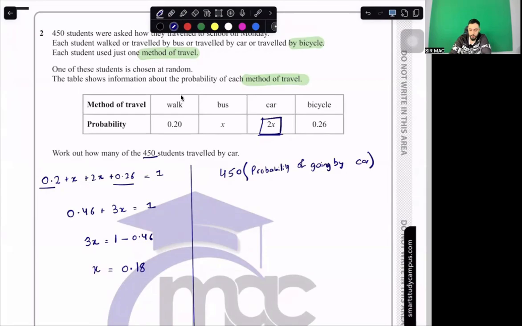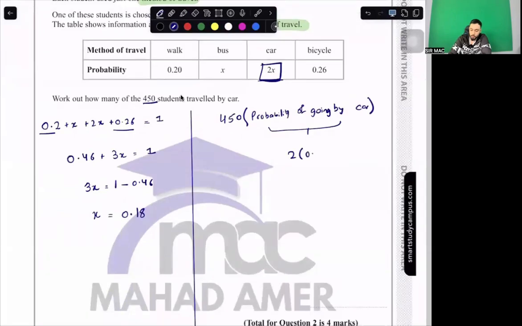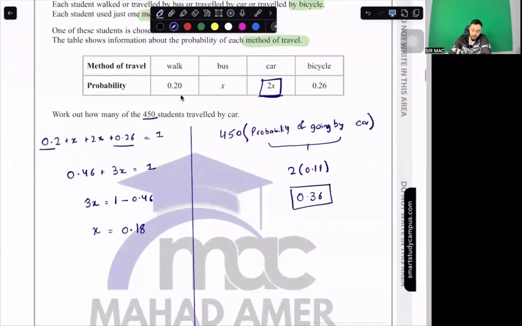So the probability of going by car would be 2 times 0.18, which is equal to 0.36. That's the probability of going by the car. How many of 450 students? You have to multiply 450 by 0.36, and you would get the number of students as 162.